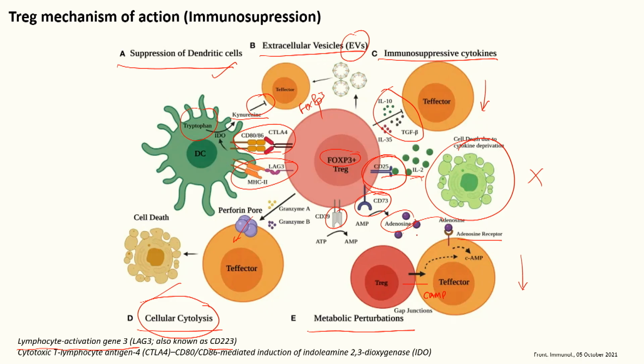The adenosine can bind to the adenosine receptor, expressed through the cyclic AMP that is transmitted to the T effector cell by the T regulatory cell population. So essentially these are the ways T regulatory cells can control the immune response, and we will try to understand why it is important: on one hand we want to understand how there can be an immune response, and on the other hand how we can suppress it. This is how the T regulatory cell mechanism works.